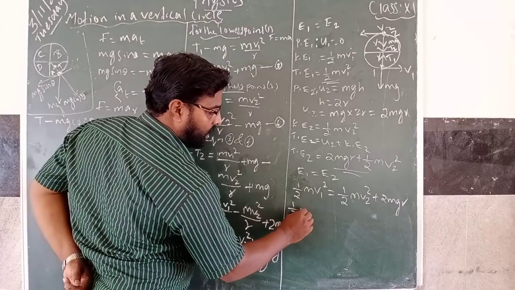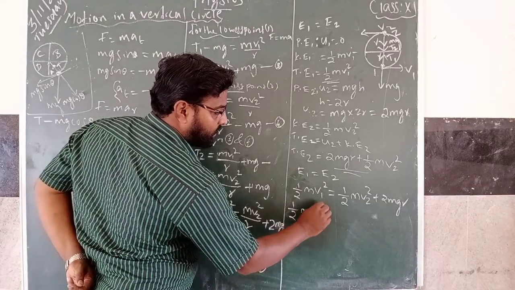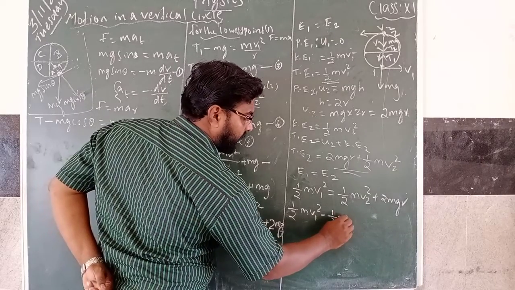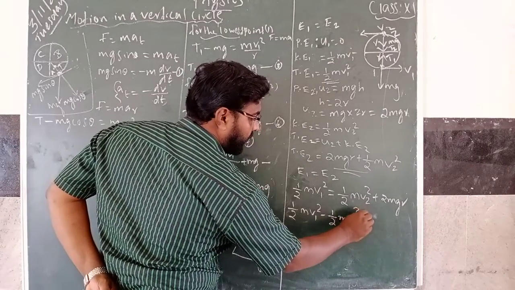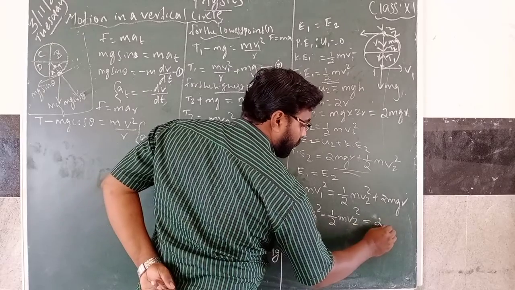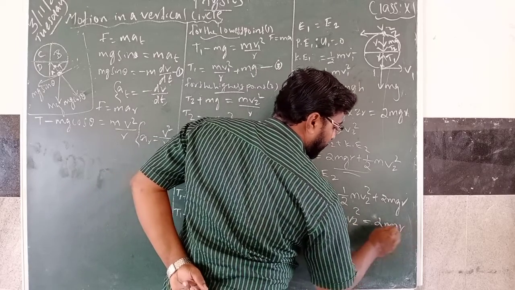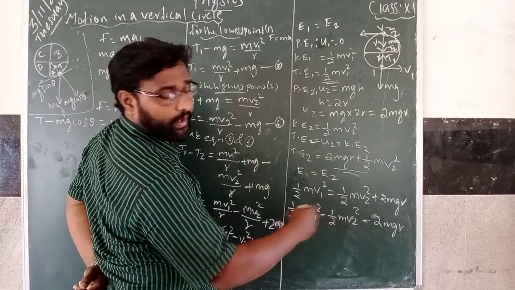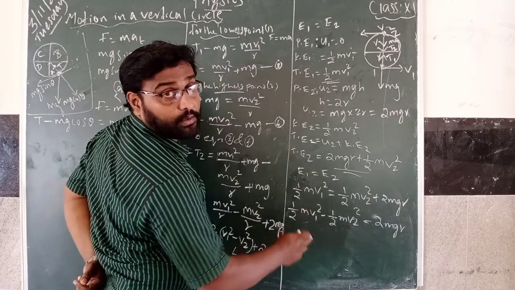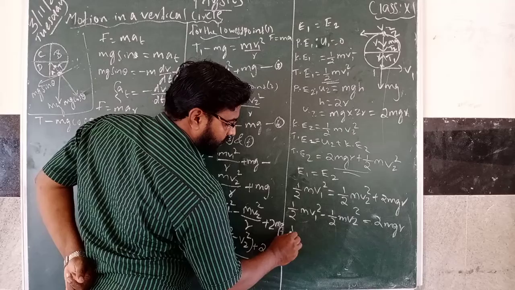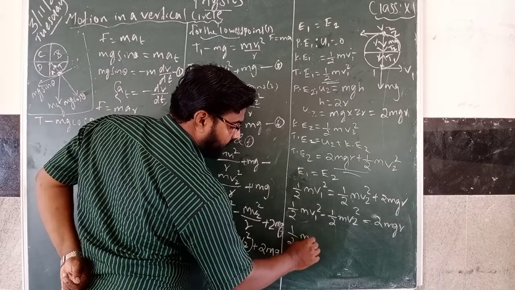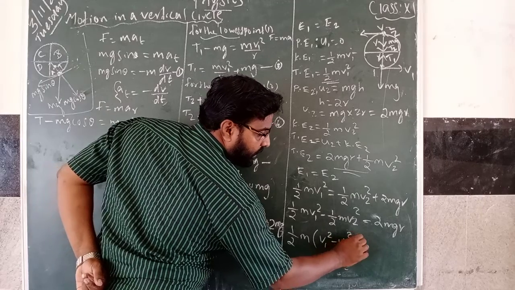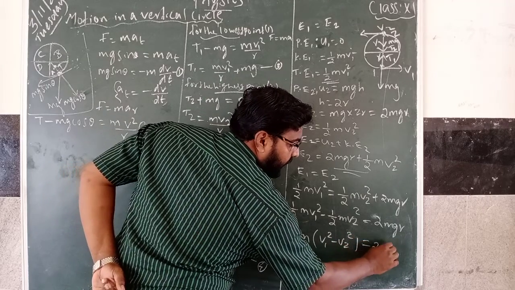So half mv1 square minus half mv2 square is equal to 2mgr. Here half is common, take it outside. M also common, take it outside. So half m taken outside, v1 square minus v2 square equal to 2mgr.